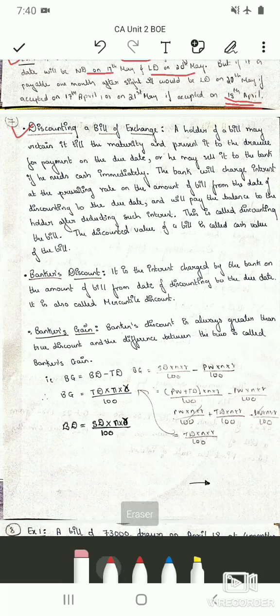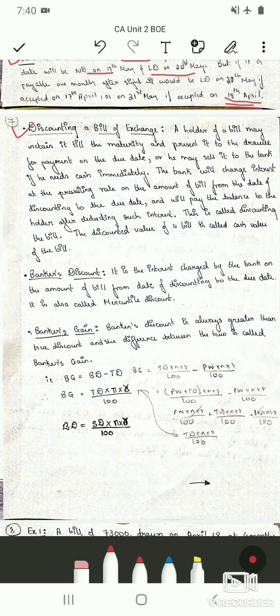If they ask in the examination what is discounting of a bill, you can write in your own words if you understand the concept. What is done here: a drawer is in need of cash immediately, so he will sell that bill to a banker, and the banker will charge some interest on the amount of the bill from the date of discounting till the due date, and will pay the balance to the drawer.